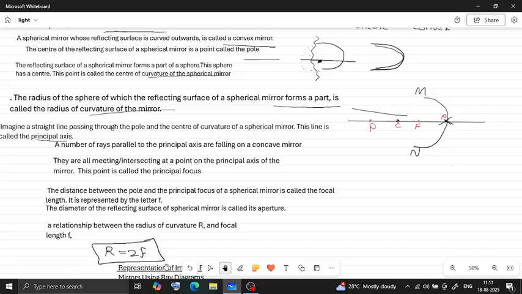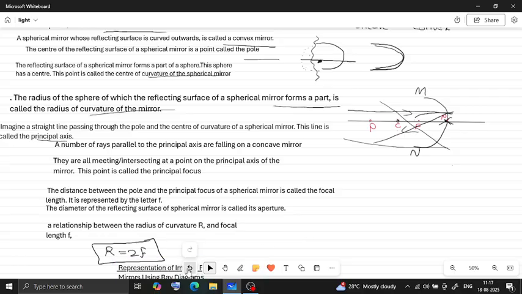The parallel rays incident on the mirror are always reflected through a point. That point is called the focus.